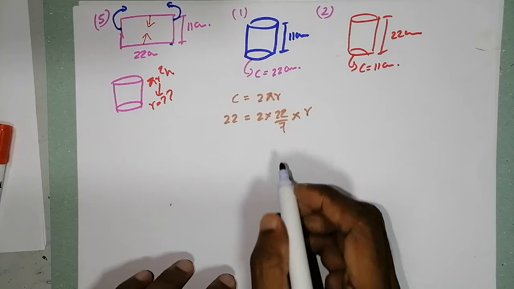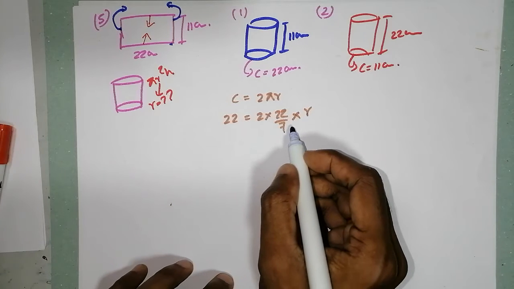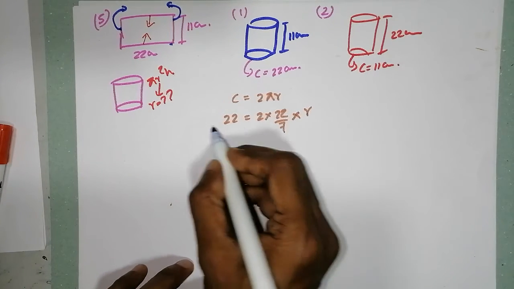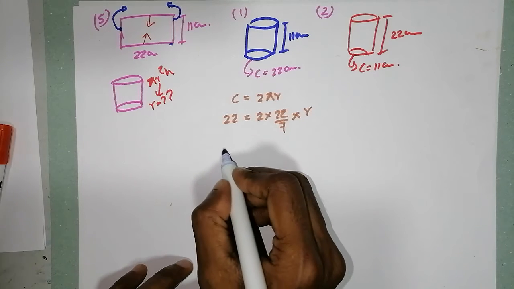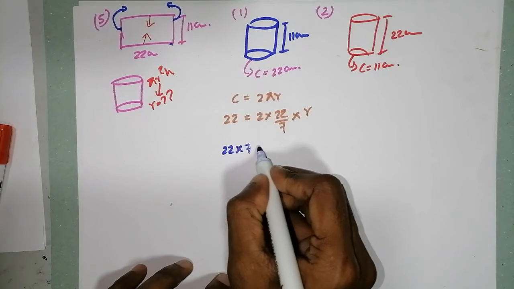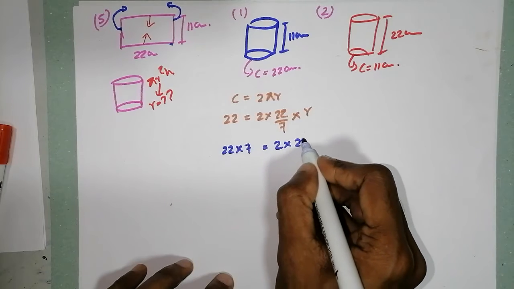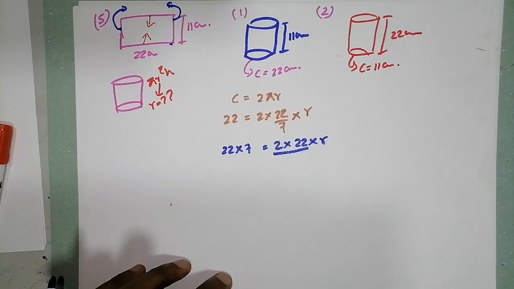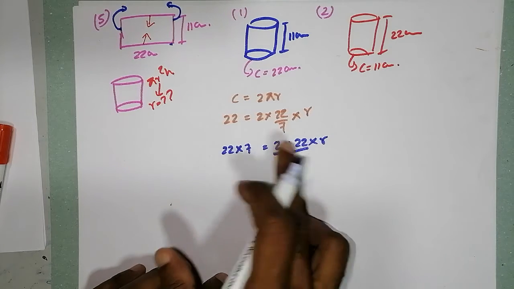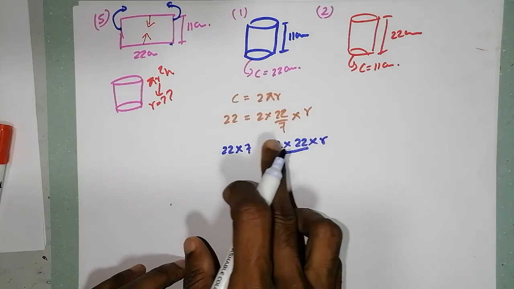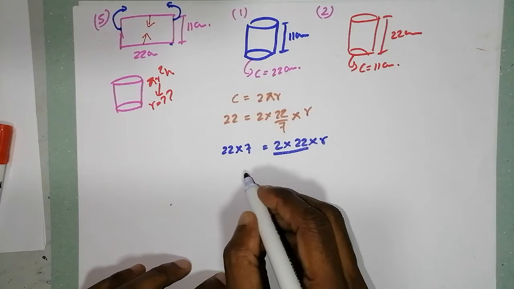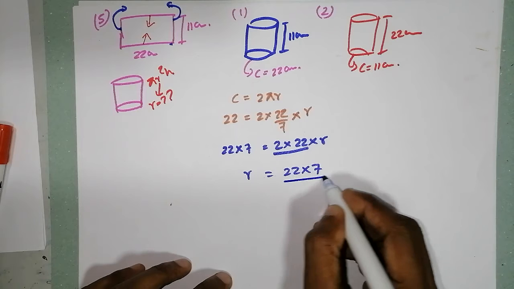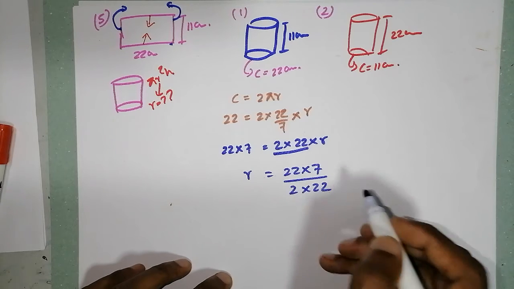We start with the denominator 7, which divides r; if you send it to the other side, it will multiply. So 22 into 7, and we have 2 into 22 into r. Think of 2 and 22 as one value; if you send it across, 2 and 22 multiply with this value. So r is the subject: r equals 22 into 7 over 2 into 22.